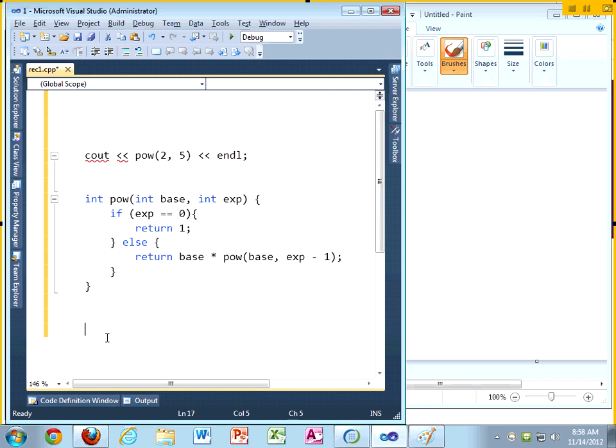Or if we were to put that in algebra, we might say x to the n equals x times x to the n minus 1. That make sense? Yep. That's the algebraic equation that we're applying here.